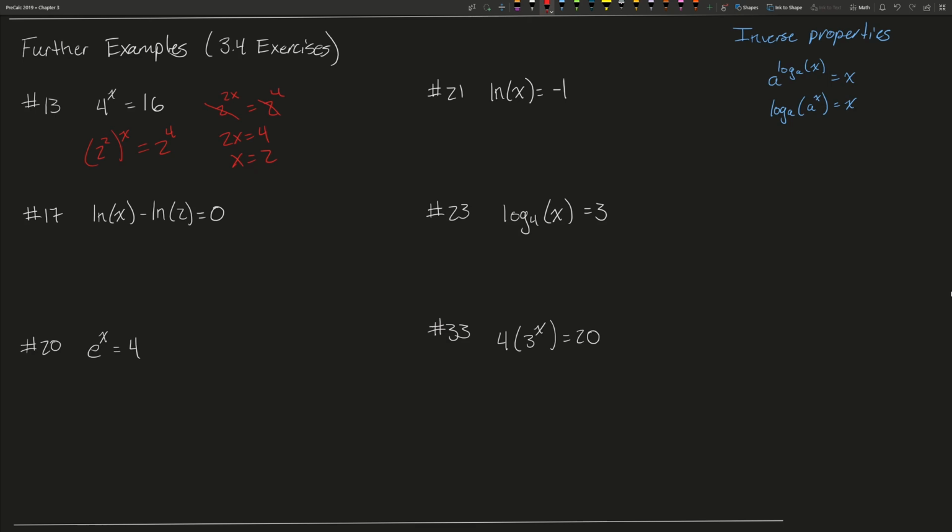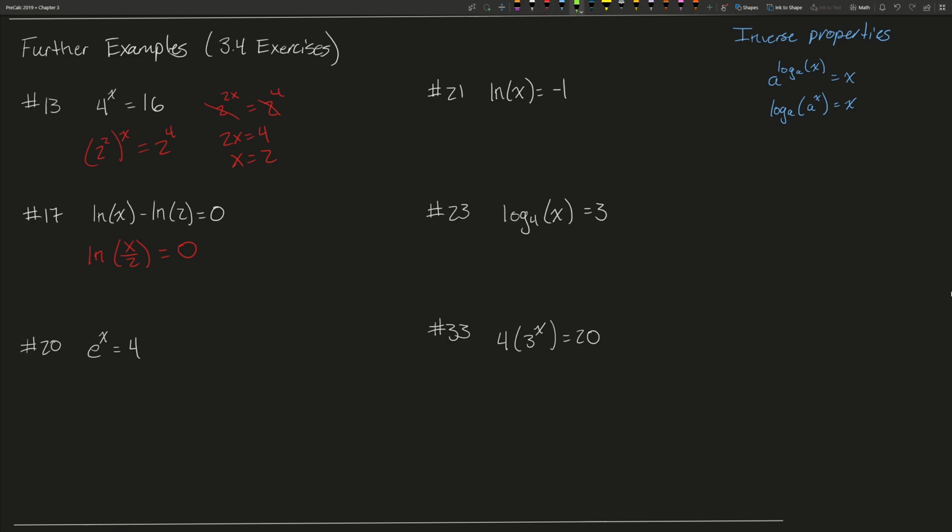Number 17, the natural log of x minus the natural log of 2 is equal to 0. Because this is a difference of two logs with the same base, we can combine them. So we can rewrite the natural log of x minus the natural log of 2 as the natural log of x divided by 2, and that will still equal 0. In order to solve for x, we need to get rid of the natural log. So we need to take everything as an exponent of e.